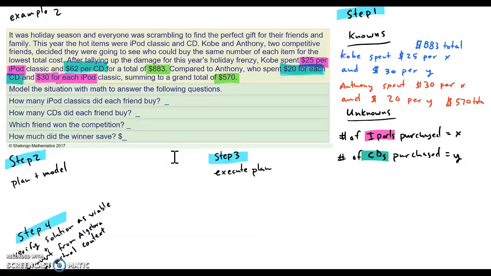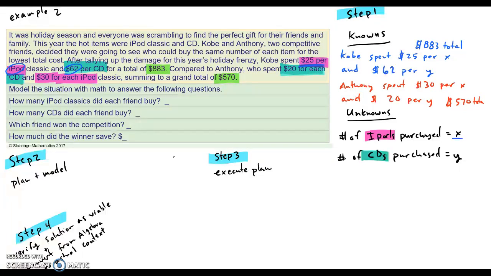So you can see that I put everything that's related to Kobe in blue. He spent $25 per iPod, which is X, and he spent $62 per CD, which is Y. And I wrote that wrong. I put 30. Very easy to make a mistake like that.